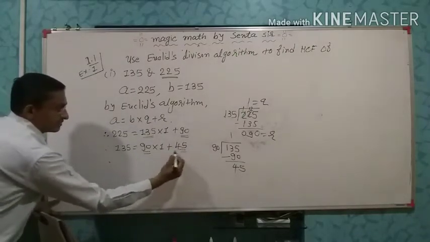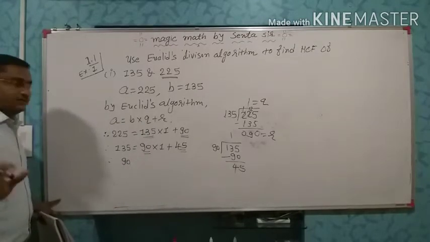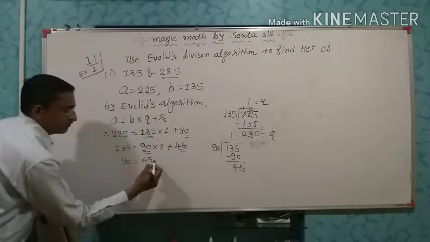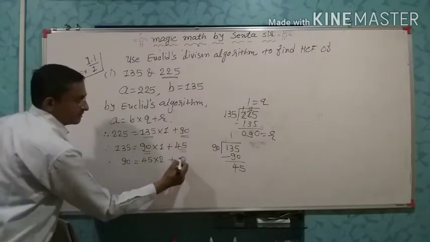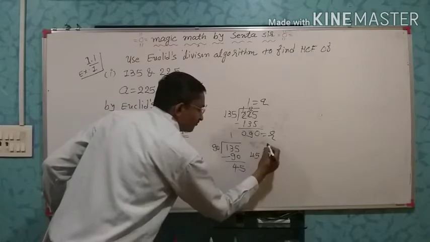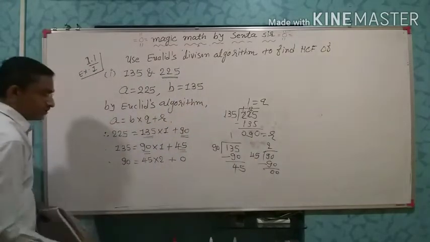We take the second number and the fourth number in the next step up to remainder 0. 90 divided by 45. 45 twos are 90. It is very easy. Remainder is 0.